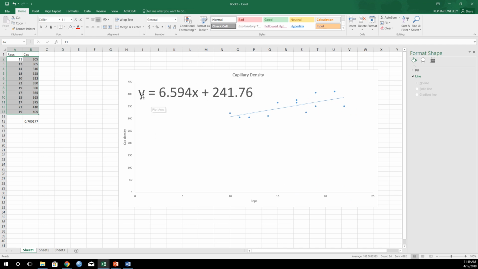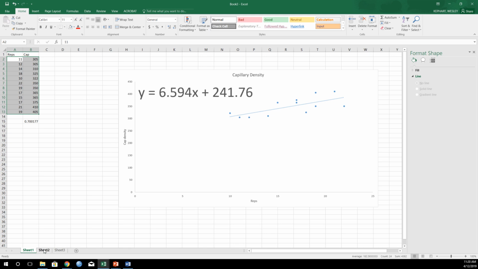This equation, y equals mx plus b, where x is the number of reps, y is the capillary density: y = 6.594x + 241.76. From the amount of reps that the person in your group does, we should be able to predict what their capillary density is. Around average scores, somewhere between 250 and 500 would be approximately normal for this.